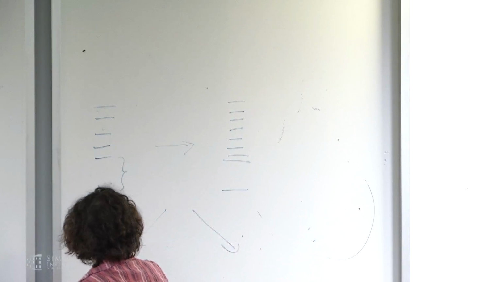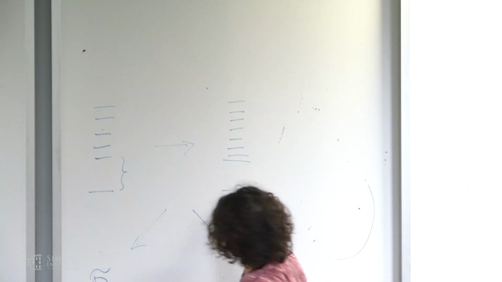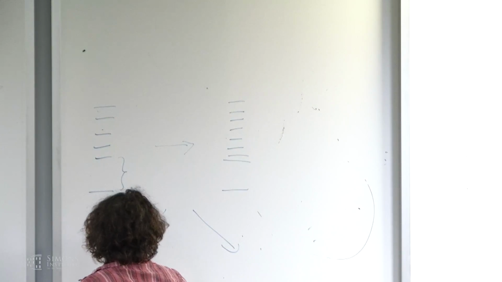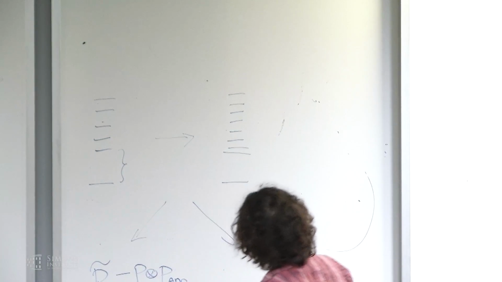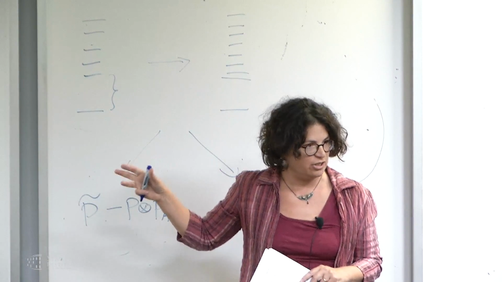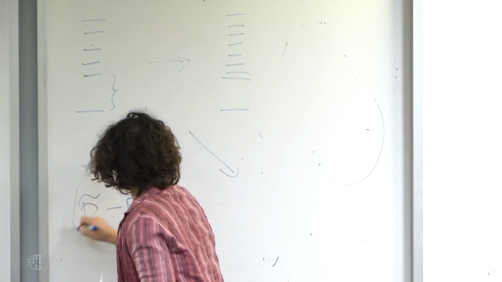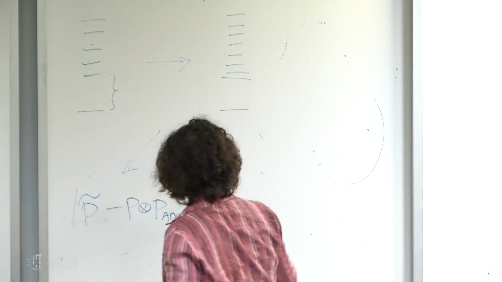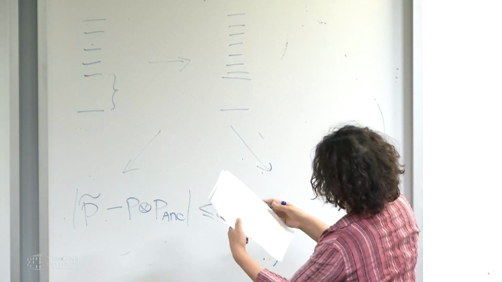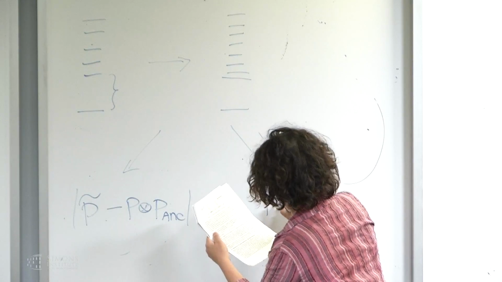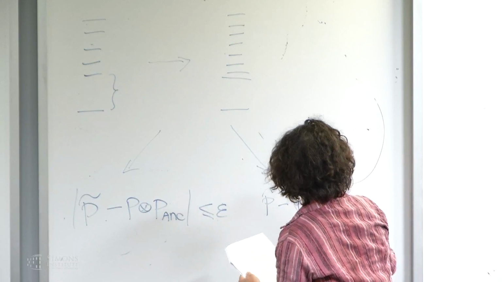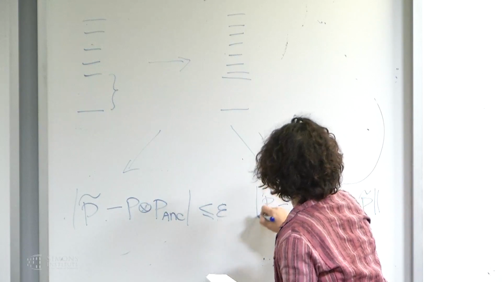The first one is that the projector on this ground space, P tilde, minus P tensor some projector on some subspace of the ancilla additional qubits, this is less than epsilon. That's one definition. And the other definition is P tilde minus P tensor 1 ancilla times P tilde, that's less than delta.